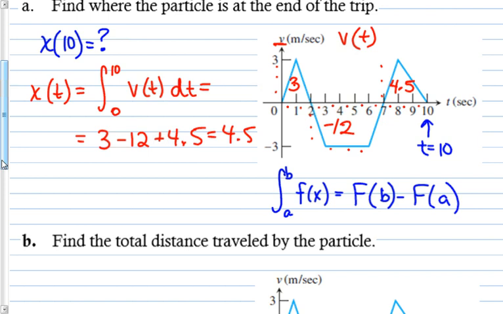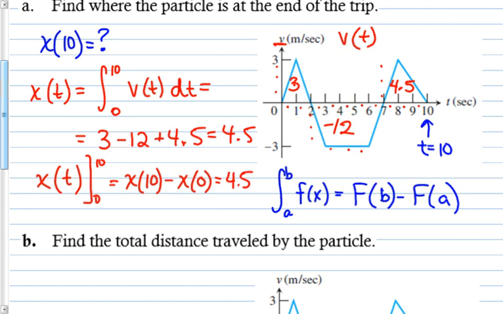The integral of v of t would give me x of t, right? From 0 to 10. So x of 10 minus x of 0 would be the integral, right? But I already know what it equals. It equals negative 4.5. Now remember, this is what I'm trying to look for, right here. This is what I want. That's what I need.